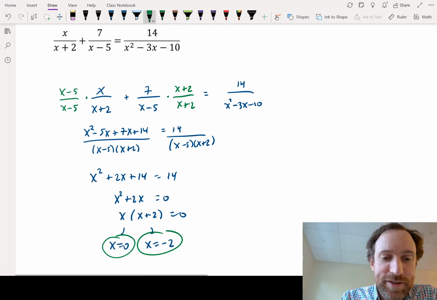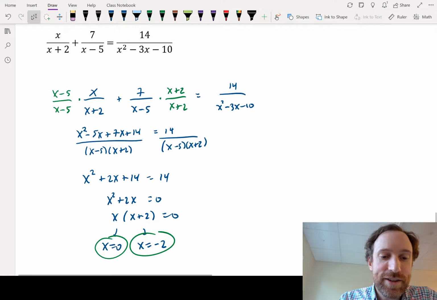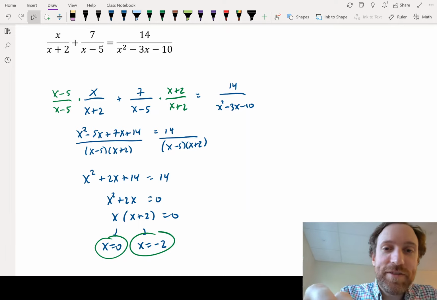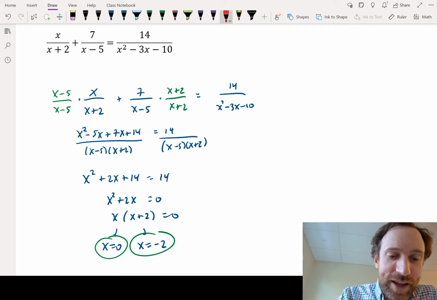However, there's a problem. This is not correct. Can anyone see what's wrong with this? Pause the video and discuss. That's right. We have an extraneous solution. X equals -2 is an extraneous solution.